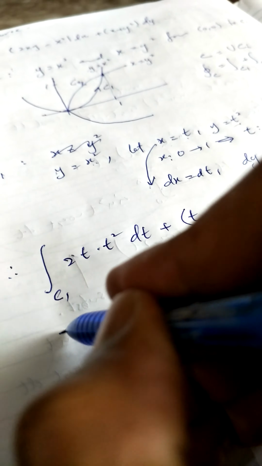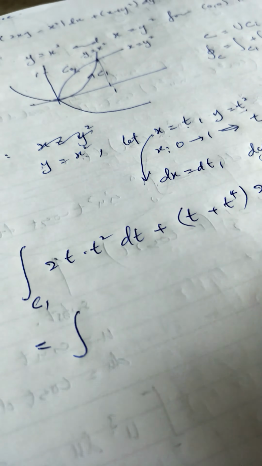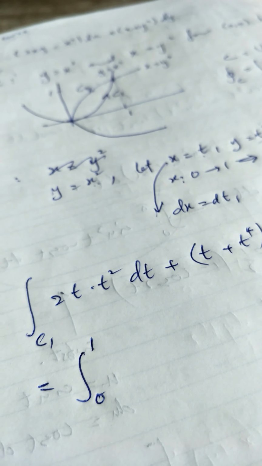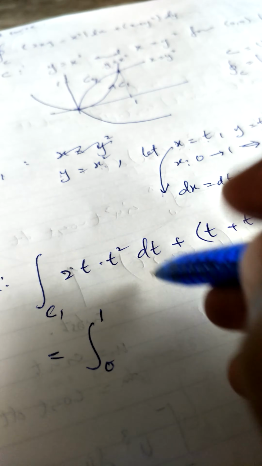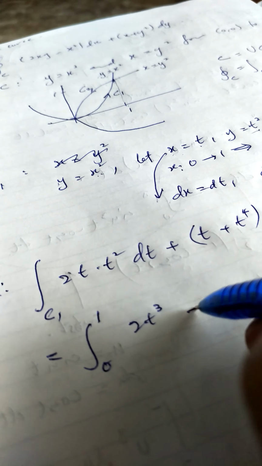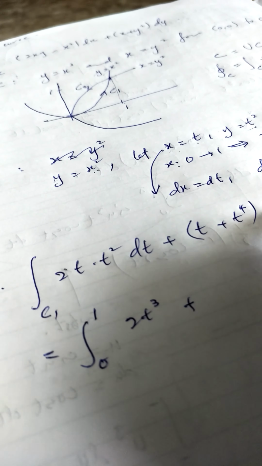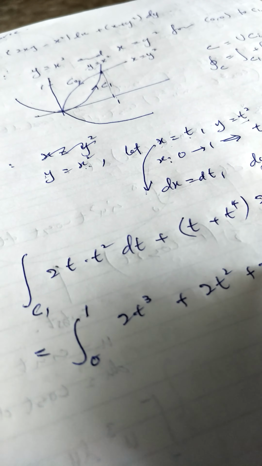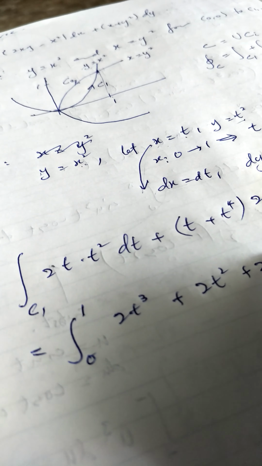So here we have t from 0 to 1. Here we have 2t cubed, here you have 2t squared plus 2t^5.